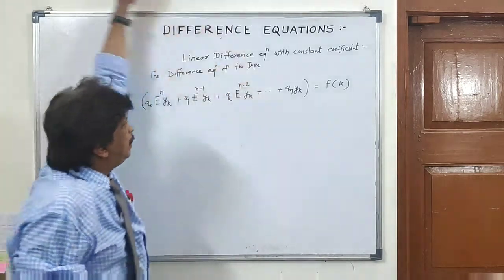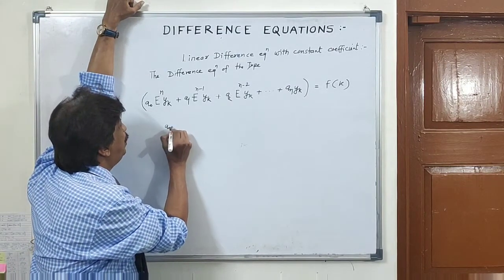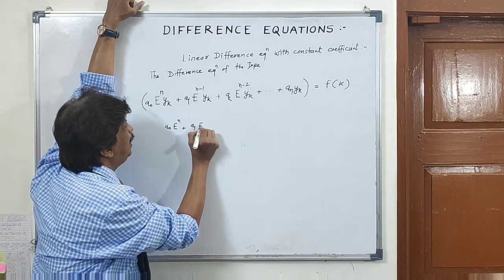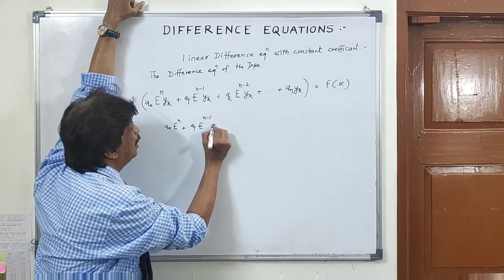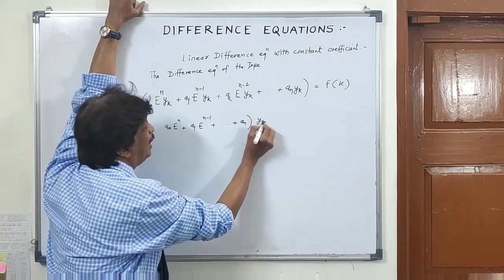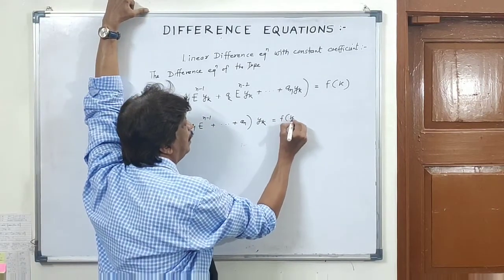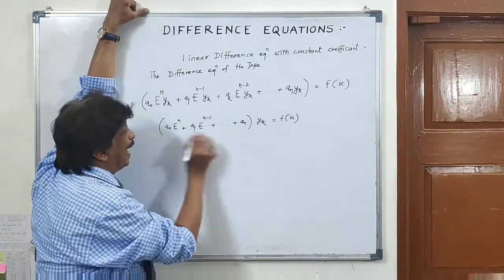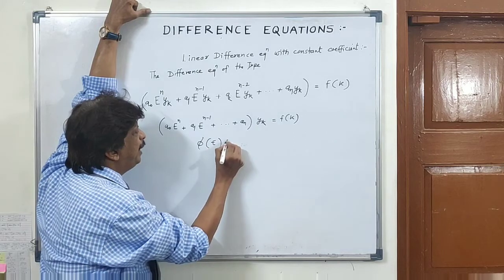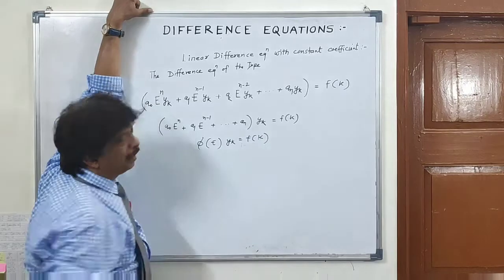So, this is further equal to A0 E raised to power n plus A1 E raised to power n minus 1 and so on up to An, in bracket, yk common, is equal to f of k. This bracket is called phi of shift operator E into yk is equal to f of k.